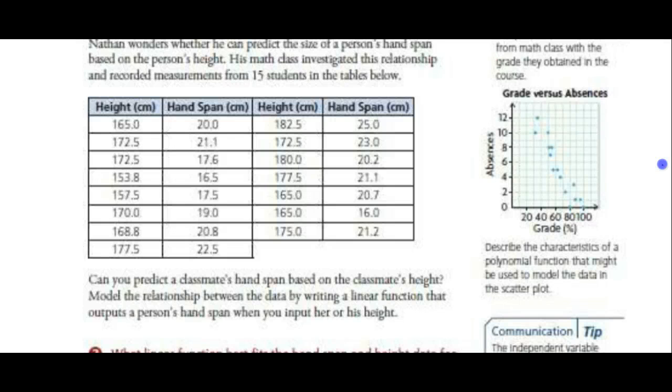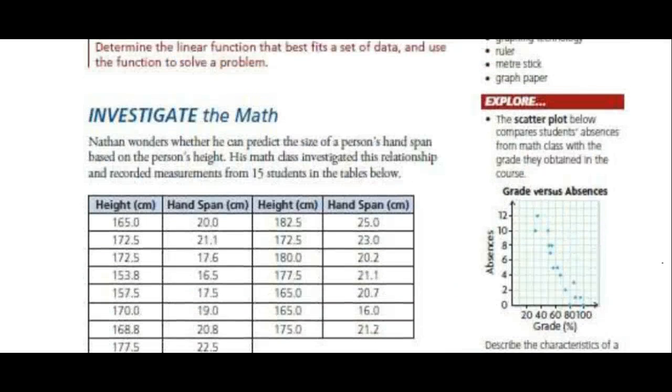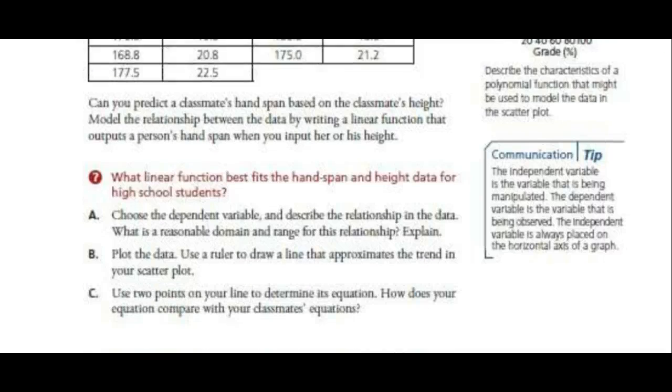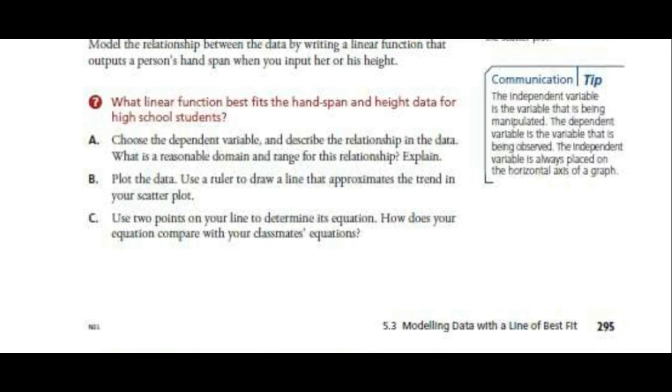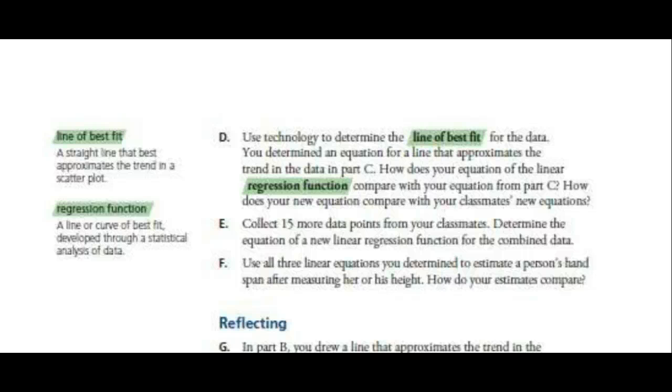So now, let's see, did they ask us to do anything with it? What linear function best fits the hand span and height? So we could write that out. Plot the data, use a ruler. We're not doing stuff by hand here. Use technology to find the line of best fit, a straight line that best approximates the trend between a scatter plot. So the scatter plot is all the blue dots, right? They're the points that we entered.